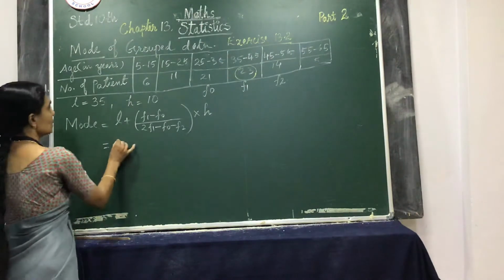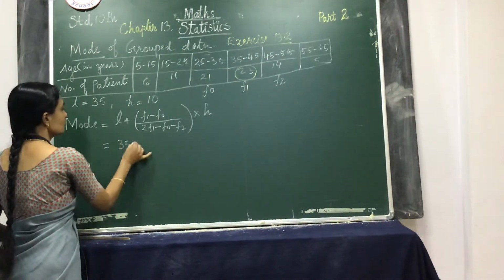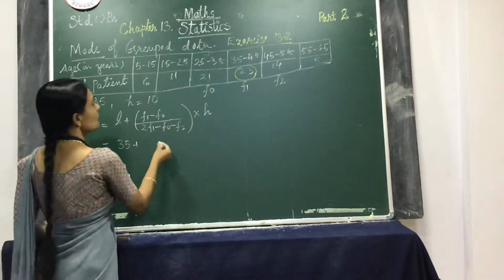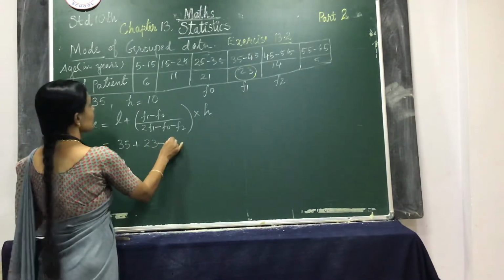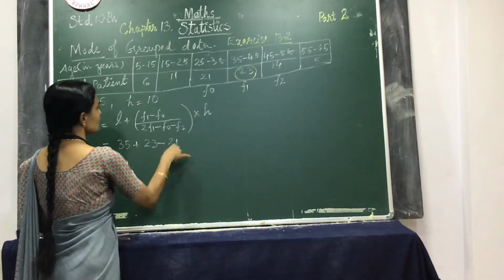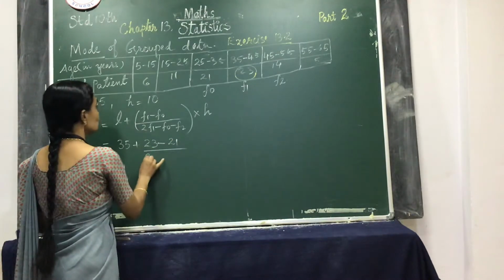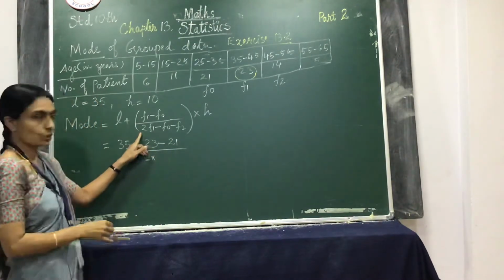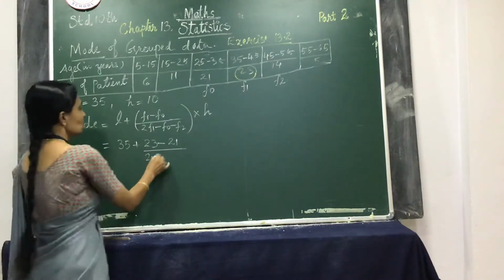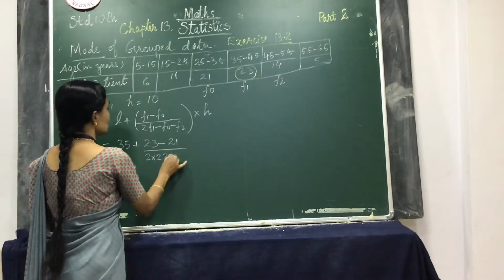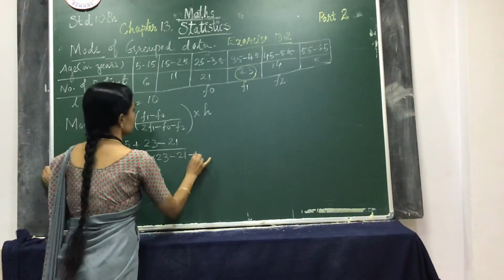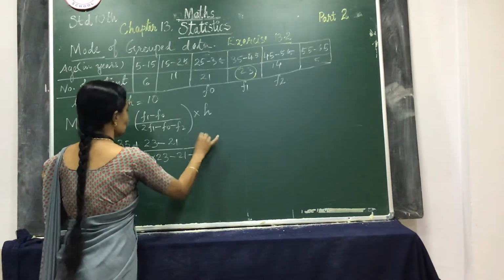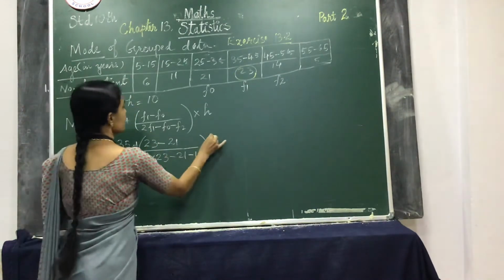L is equal to 35 plus F1 is 23 minus F0 is 21, divided by 2 into 23 minus 21 minus 14, into H is 10.